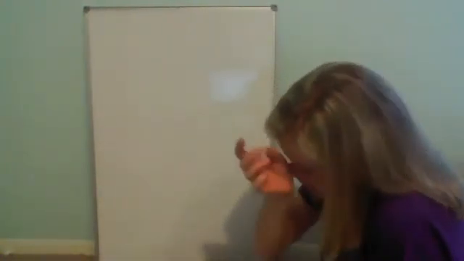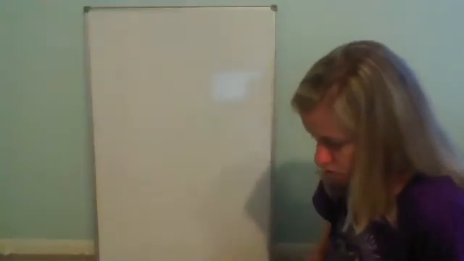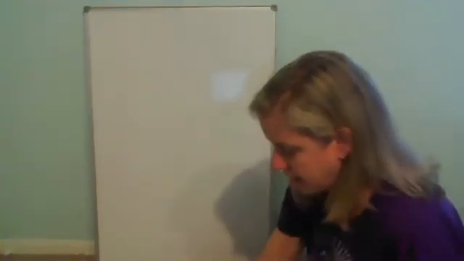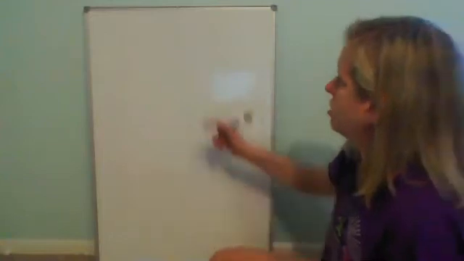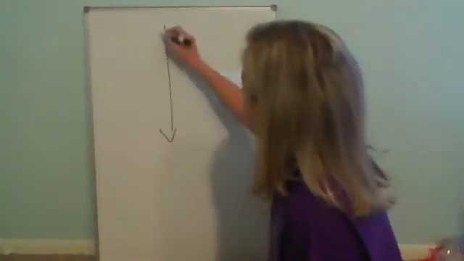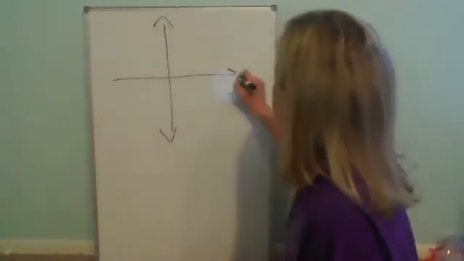Okay, number 10 and 11. Looks like they're giving you graphs and asking you what the x-intercepts are and then what are the zeros. So let's see, number 10.